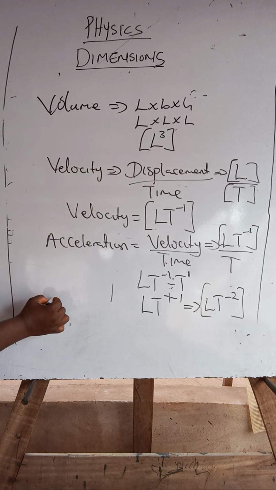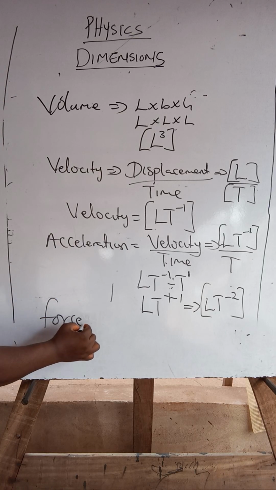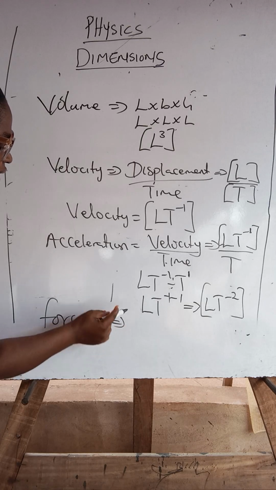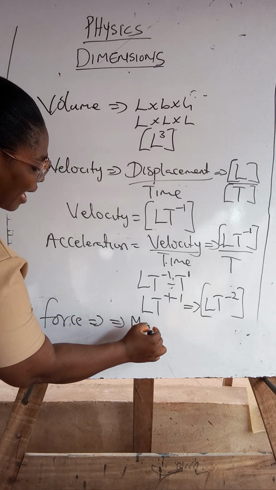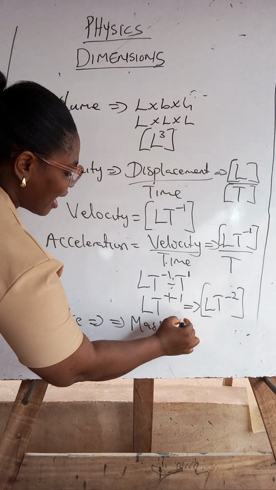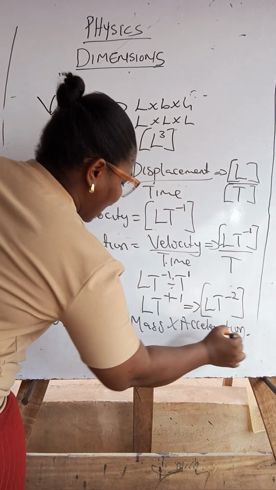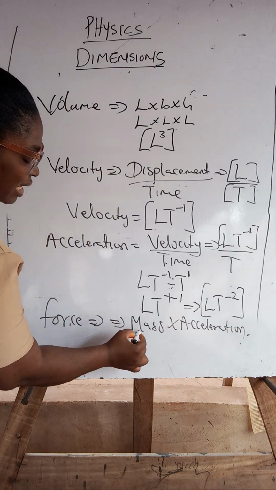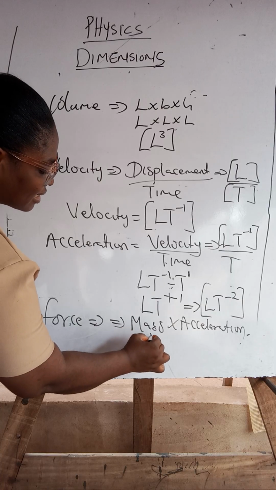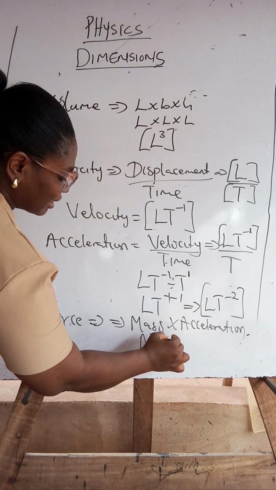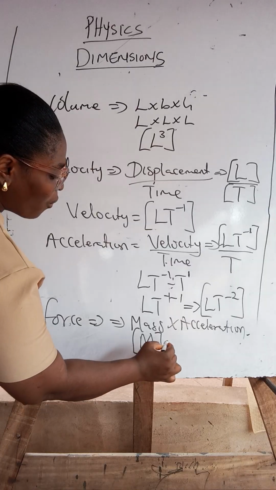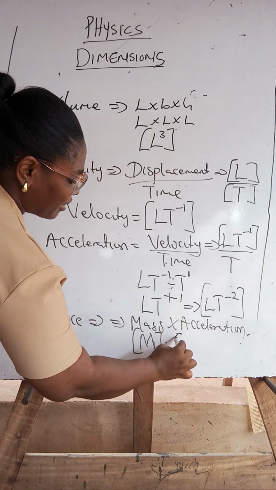Now we talk about force. Of course, force is given as the product of mass and the acceleration. And what is the dimension of mass? Still M. And then, what is the dimension of acceleration?